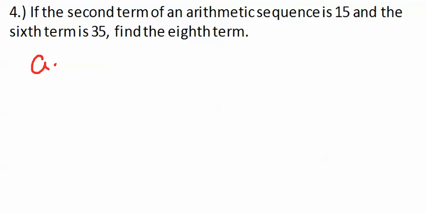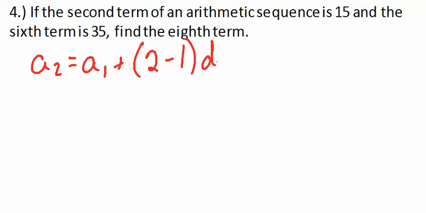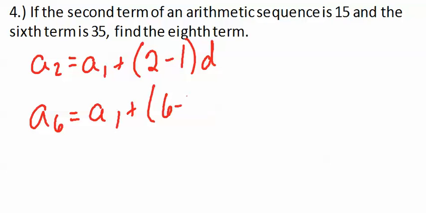You know that the second term is equal to the first term plus 2 minus 1 times that common difference. Then you know that the 6th term is the first term plus 6 minus 1 times that common difference.